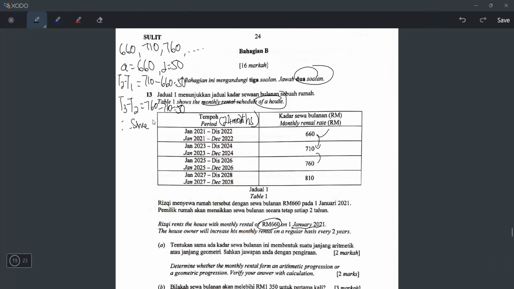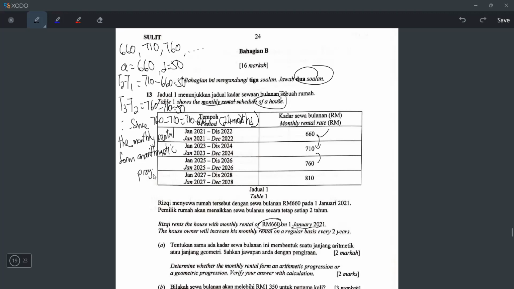Since 760 minus 710 is equal to 710 minus 660, the monthly rental form an arithmetic progression.